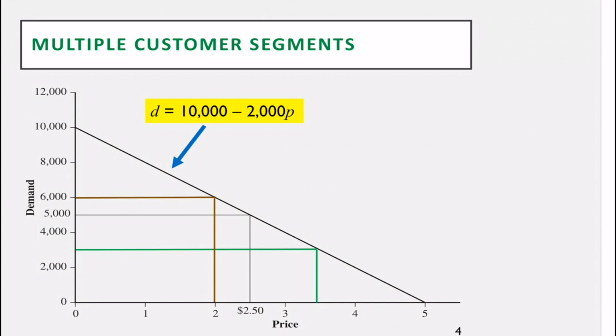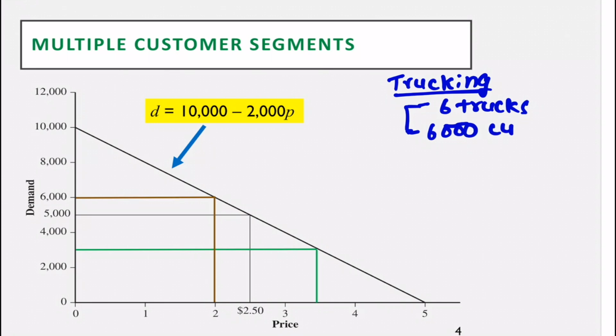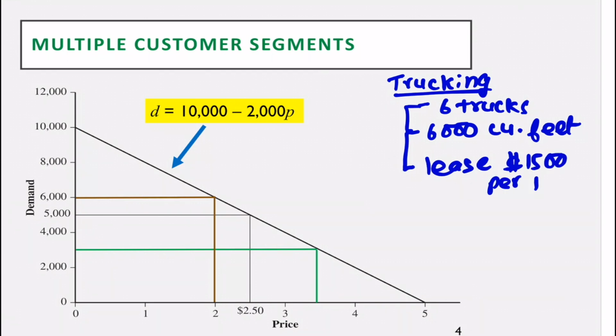So let's consider a trucking company, and suppose they have 6 trucks, the total capacity is 6,000 cubic feet, and the monthly lease charge is $1,500 per truck. Also let's assume that based on market research, the demand curve is given by this equation here.